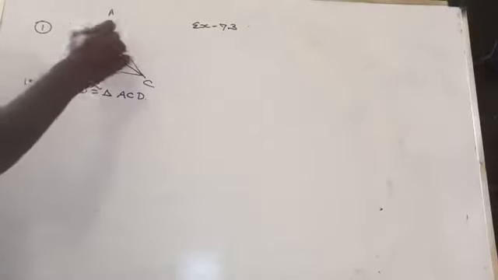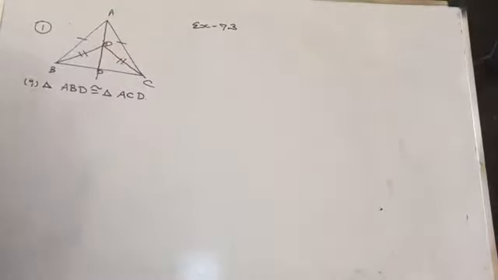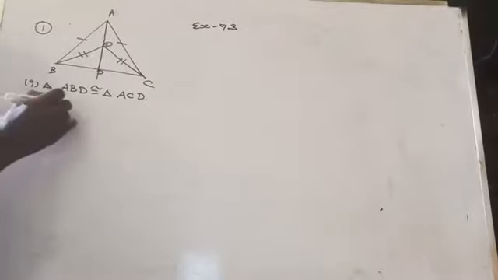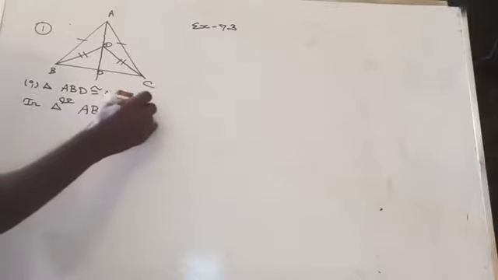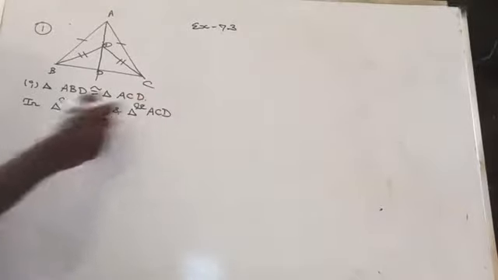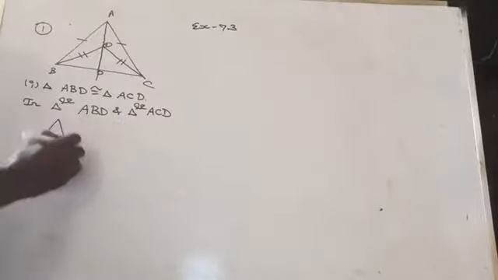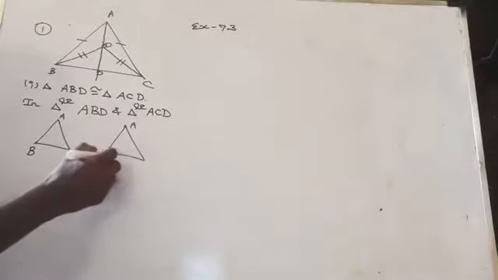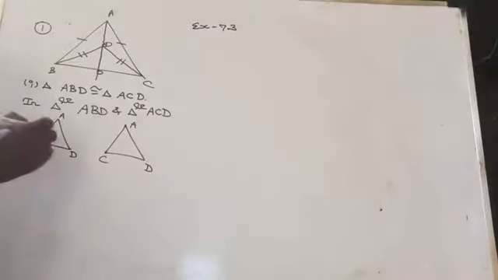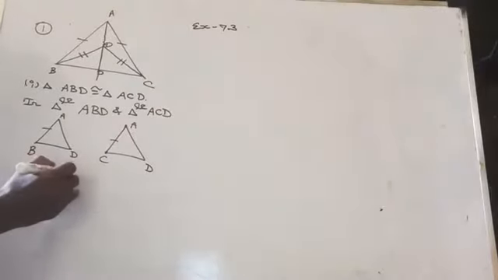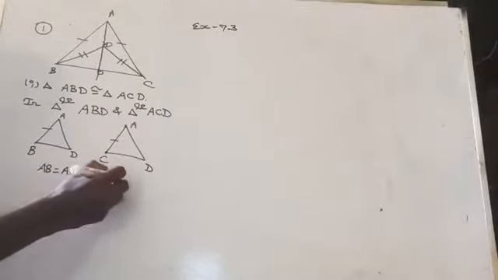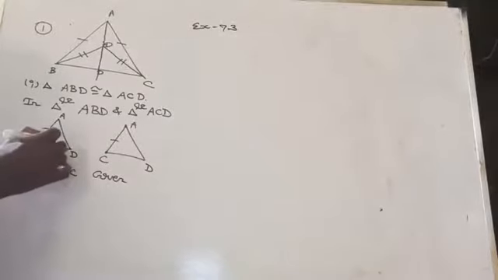So AB equals AC, it is given, and BD equals CD, it is given.